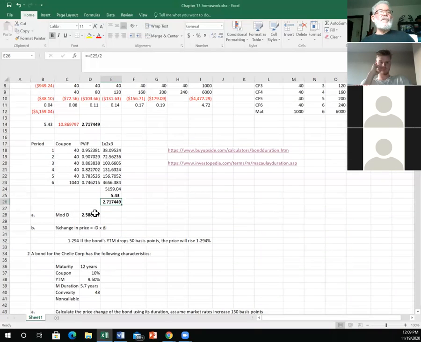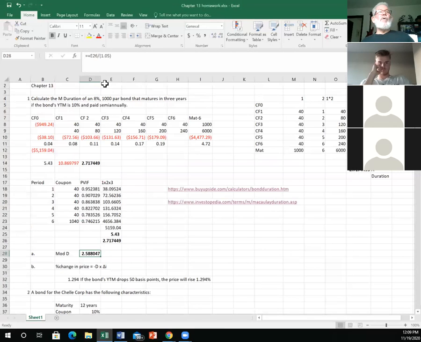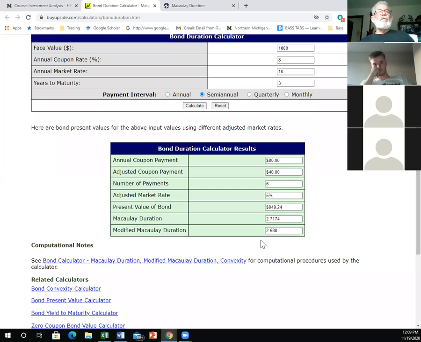Here's the modified duration here, which is the Macaulay duration divided by 1 plus the yield to maturity. So this should be 1.1 because it's 10% yield, not semi-annual. 2.47, 2.588, huh?